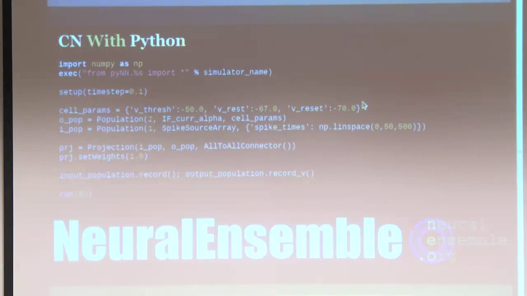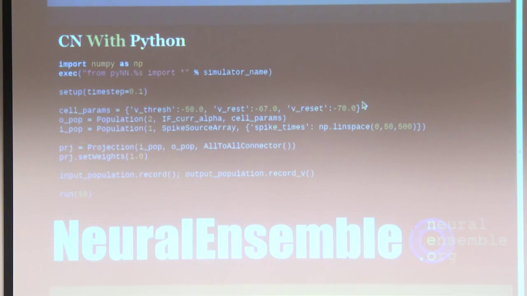So there is a common set of parameters that can be set through PyNN, but your simulator may have different sets of parameters, some very specific things that are only present in Nest, Neuron, or Brian. So you can still access, of course, the underlying simulator and change something that you can't change through PyNN.